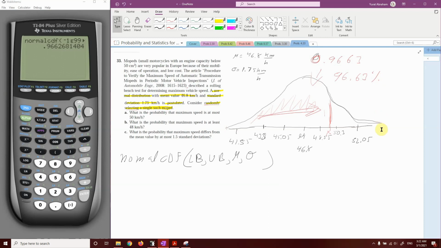So that's what that means. That means the probability of the maximum speed to be at most 50 kilometers per hour is 0.9663 or 96.63%. Depends on the professor, depending on the book. You'll see if they want it in percentage or in decimal. Okay. All right. So let's go ahead and do the next one.